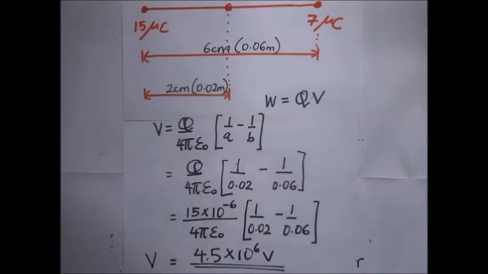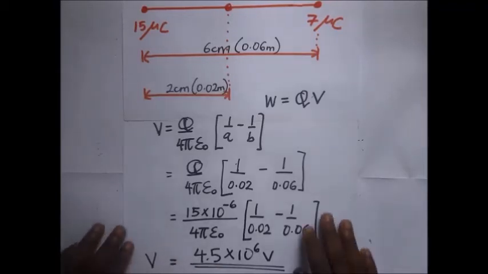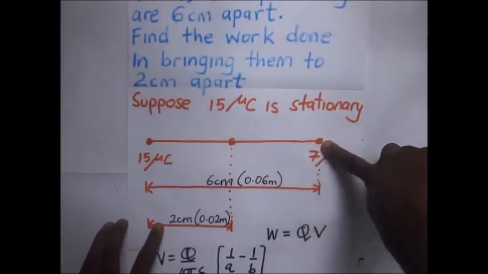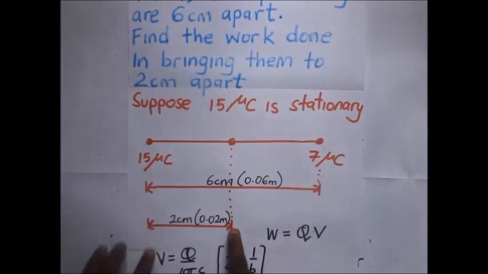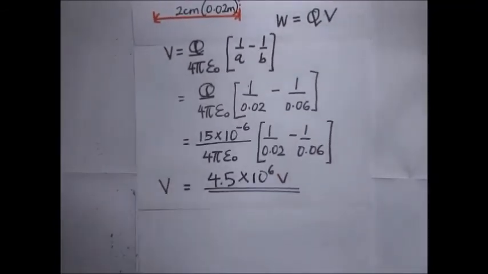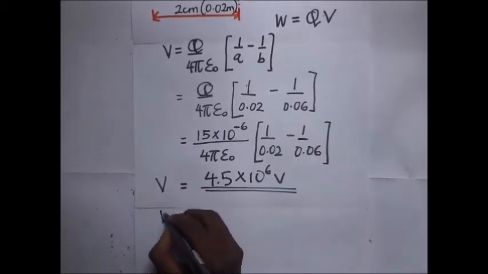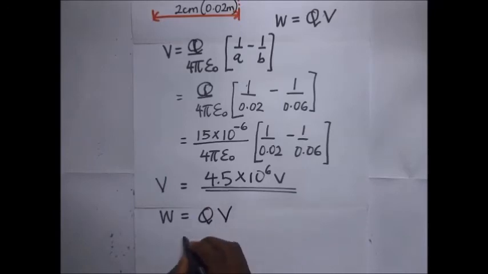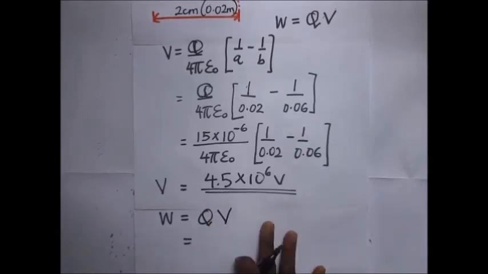After getting our potential difference, V, now we need to find the work done in moving this charge from here to 2 centimeters apart, because that is what the question requires. To get the work done, we know that work done is Q times V. What is our value of Q?